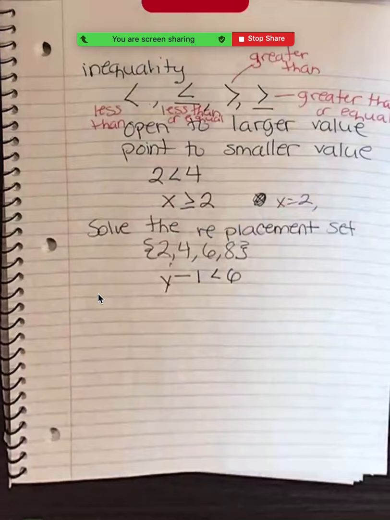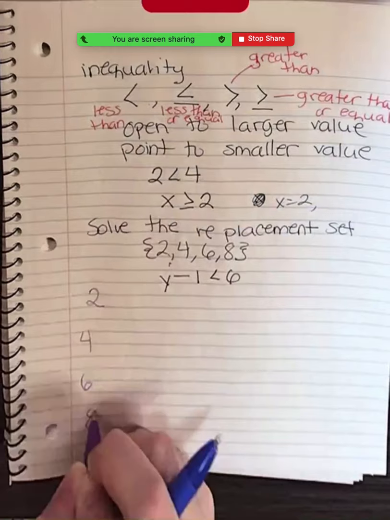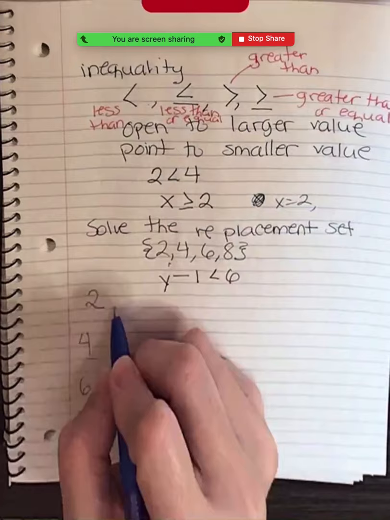We're going to put all of these numbers in for y, 2, 4, 6, 8, and check all of them. So 2 minus 1, is that less than 6? 2 minus 1 is 1, and 1 is less than 6. So this is true.